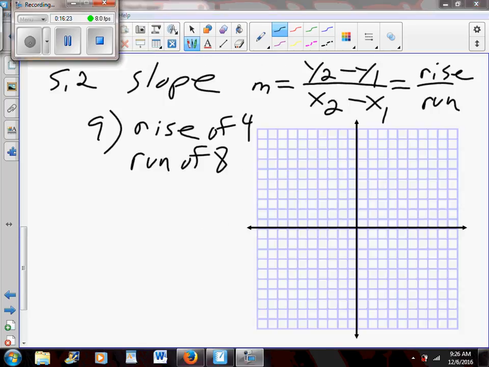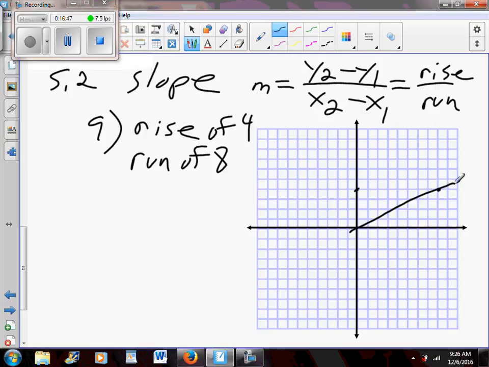All right, so let's continue on here. So if you've got a situation where the rise over the run, this would be an example of a line that would have this slope. Not the only line that would be, but let's say if we start at the origin, if we go up 4 units, 1, 2, 3, 4, run to the right 8 units, 1, 2, 3, 4, 5, 6, 7, 8, right?